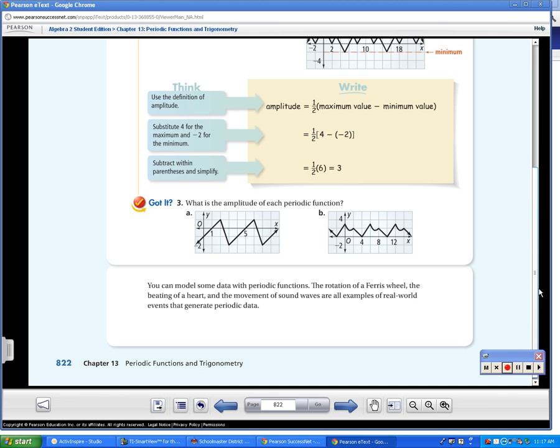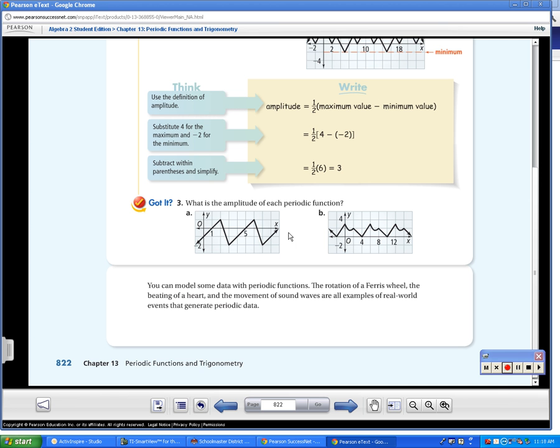What's the amplitude of this guy right here? 1.5. Good, because 1 minus negative 2 is 3, and half of 3 is 1.5. What's the amplitude of this?